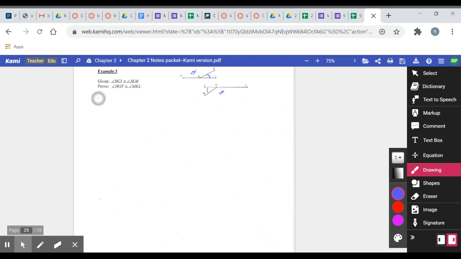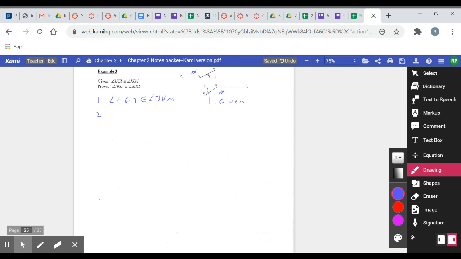We know that angle HGI is congruent to angle JKM. And we know that first reason is given. Okay, then for line 2, we have to think, what do we know from that?